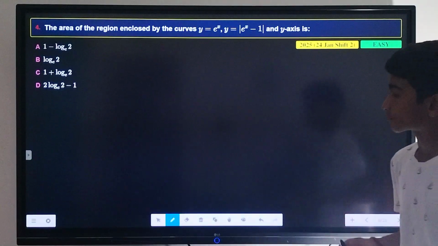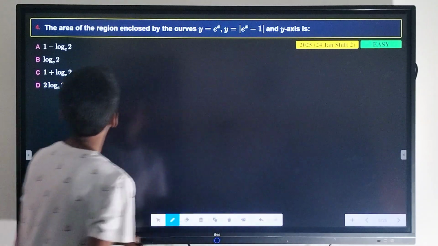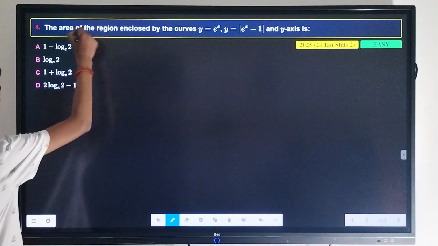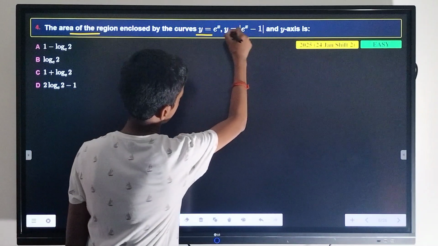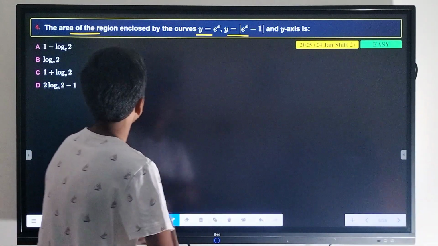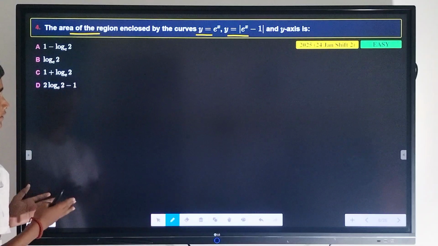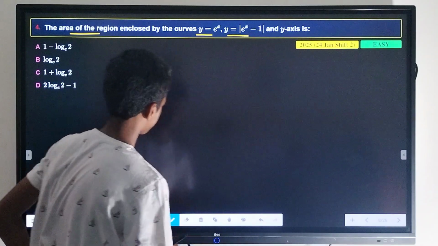Here is our next question now. Our question says the area of the region enclosed by the curves, this curve and this curve and the y-axis is. So in this question we need to find the area between these two curves and the y-axis.